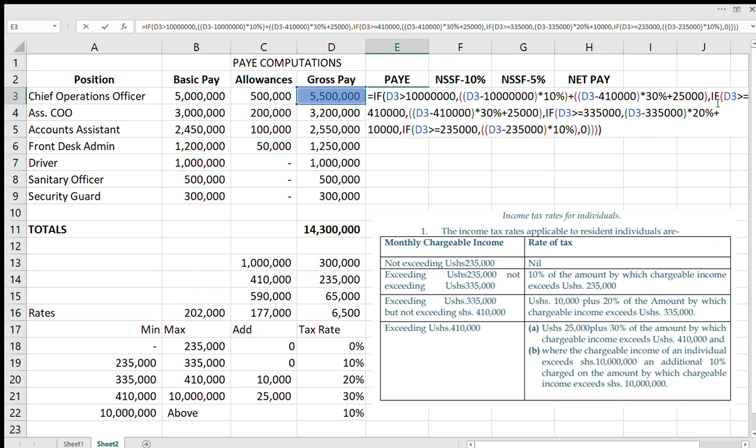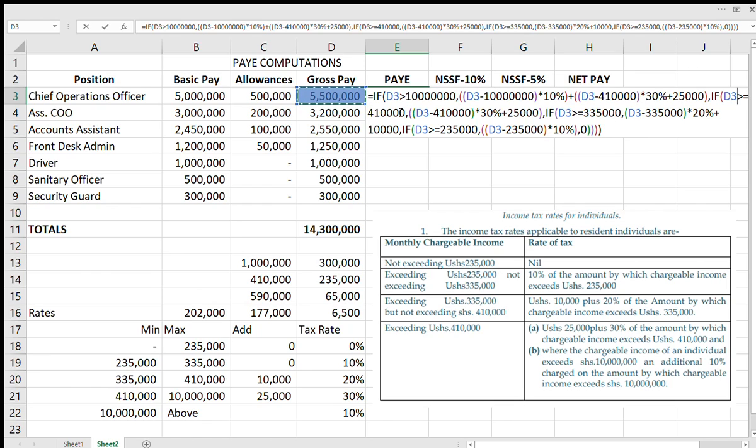But what of someone who is below 10 million but above 410,000 only, has not gone above 10 million? So that person will have to say D2. If D3, for example, we select it and say if it is greater than 410,000 shillings, you just base on the minimum here.